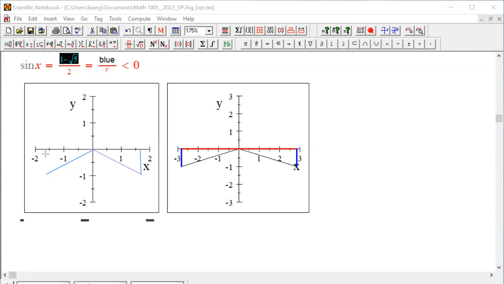Both vertical blues equal 1 minus root 5.